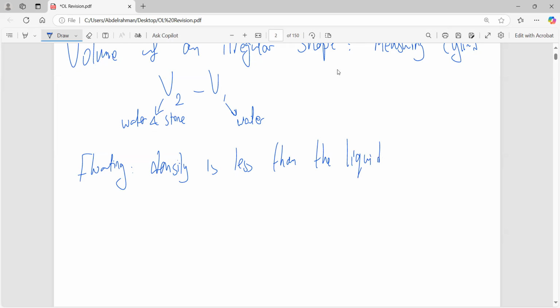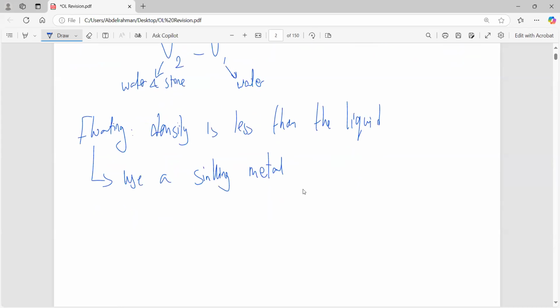We use a sinking metal. How can we use this sinking metal? We will find V1 and V2 again, but this time we find V2 minus V1 again. It's the same process, but for V1, the initial volume, it is the volume of the water and the sinking metal.